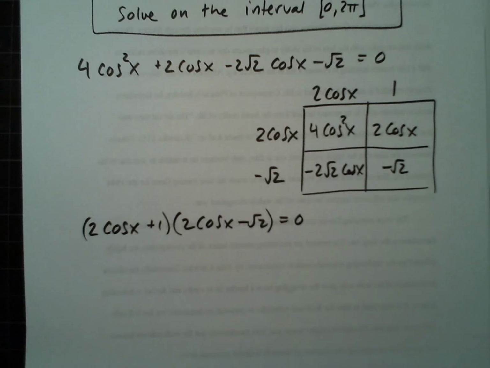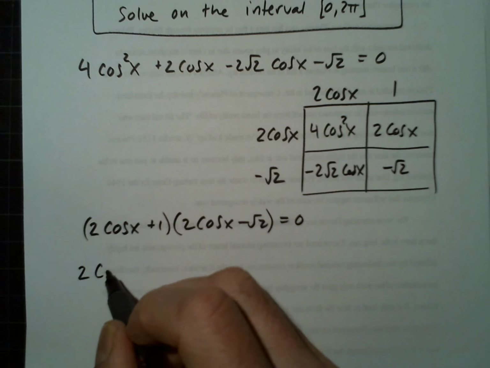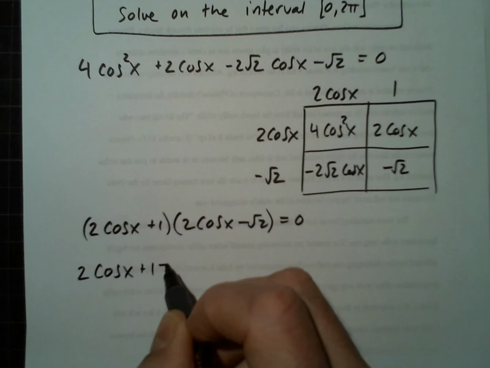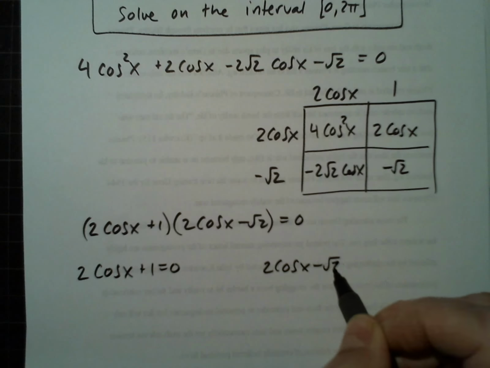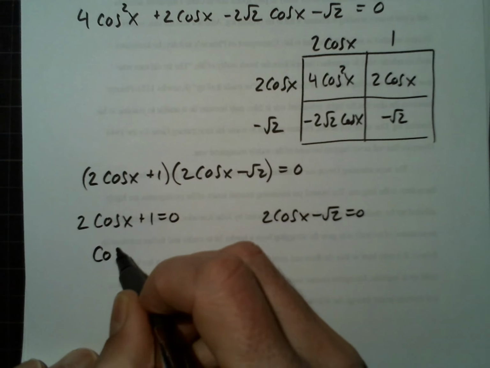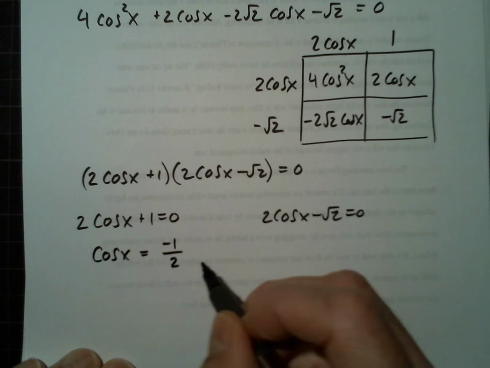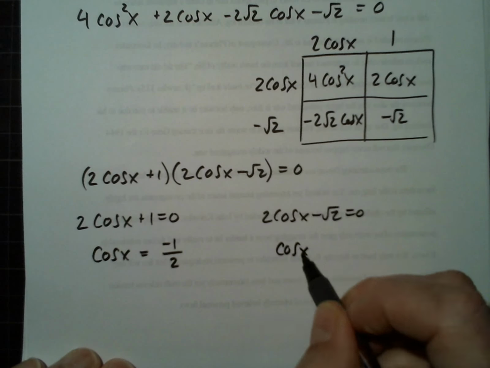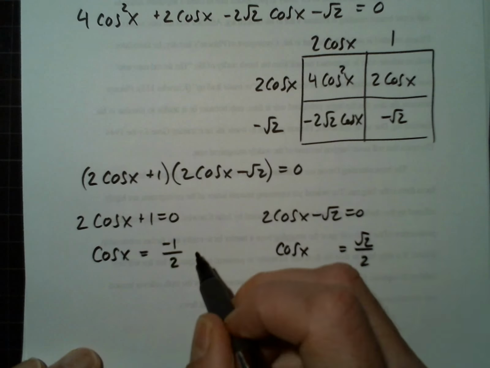We were able to factor it, so then this equals 0 or that equals 0. Subtract 1, divide by 2, add radical 2, divide by 2.